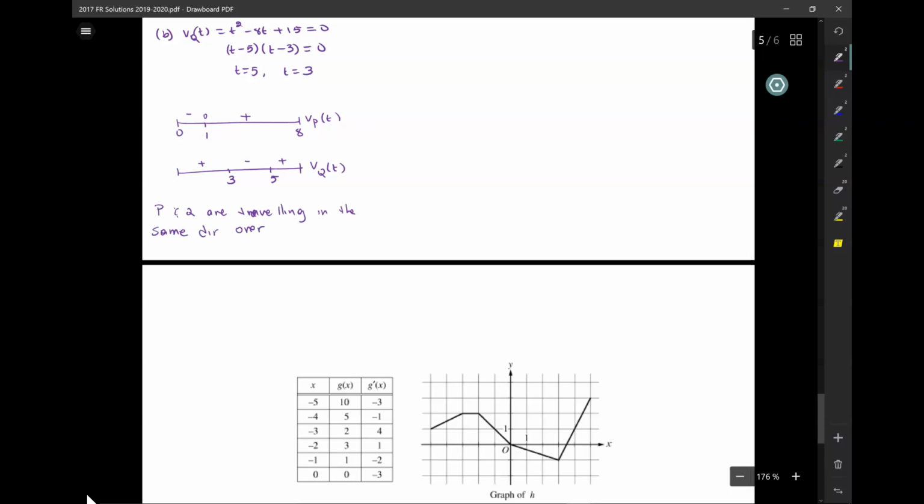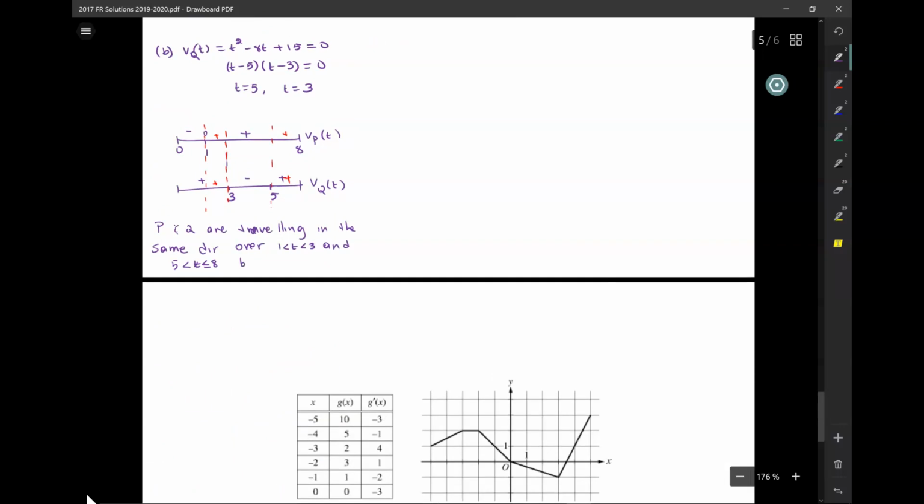Over the interval 1 to 3 and 5 to 8, because Vp and Vq have the same sign.